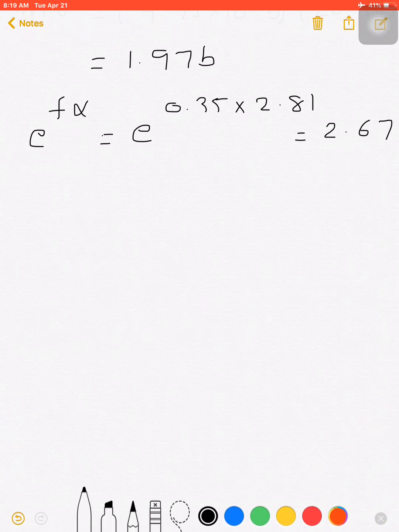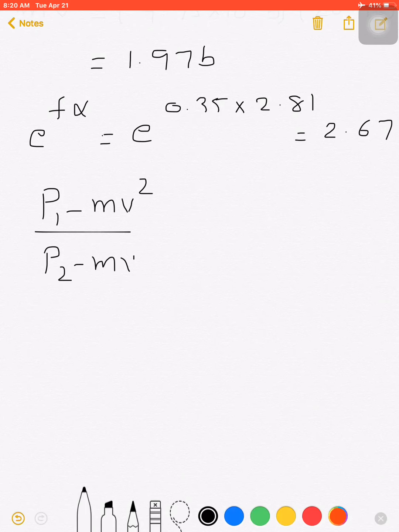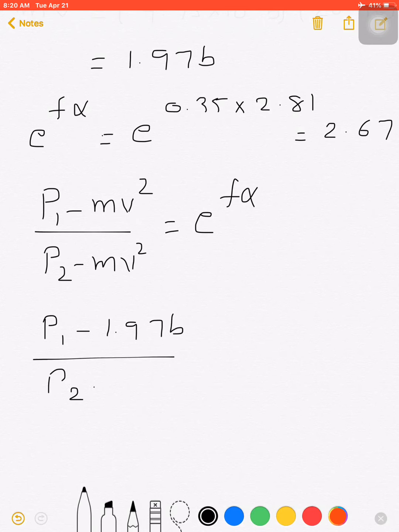Now the relation between the tensions is P1 minus mv square by P2 minus mv square is equal to e power f alpha. Now P1 minus mv square is 1.97b by P2 minus 1.97b, which is equal to 2.67.